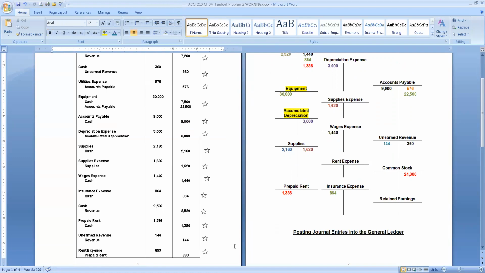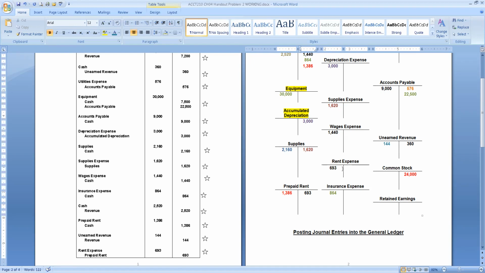All right, so rent expense. Okay, rent expense is 693 debit. And the credit is over here, 693. Okay, so they paid rent ahead of time.